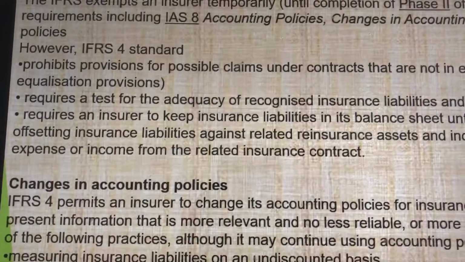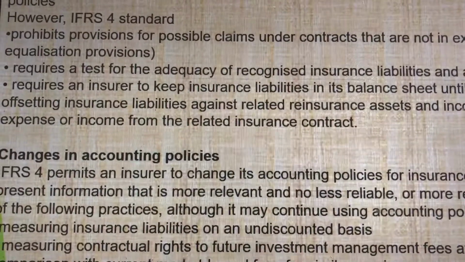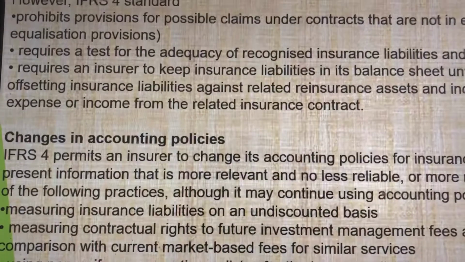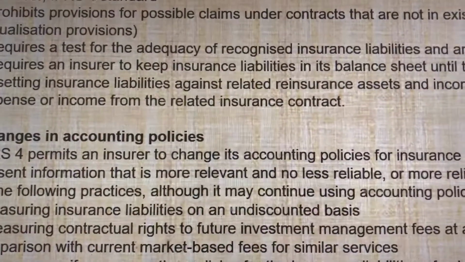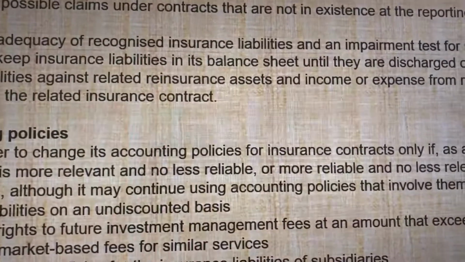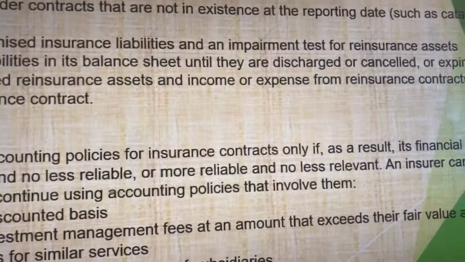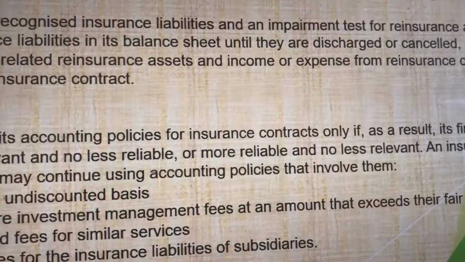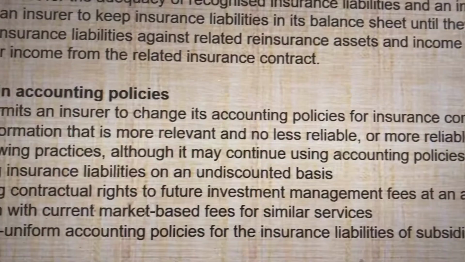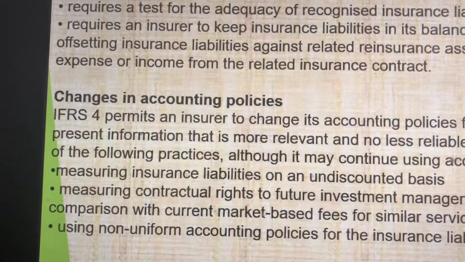Now let's talk about the accounting policy for IFRS 4. So it permits an insurer to change the accounting policy for insurance contracts only if the change makes the financial statements more relevant and reliable. So these are the accounting policies that are applicable to IFRS 4.